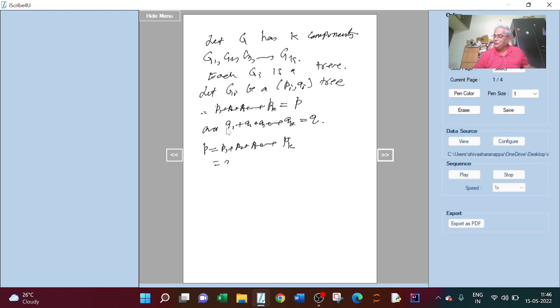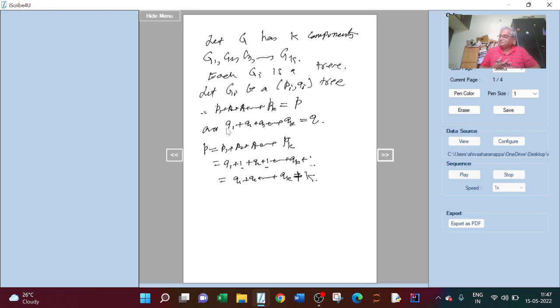This is equal to Q1 plus 1 plus Q2 plus 1 up to Qk plus 1. So this is equal to Q1 plus Q2 plus Q3 up to Qk plus 1 plus 1 plus 1, k times, which is equal to k.